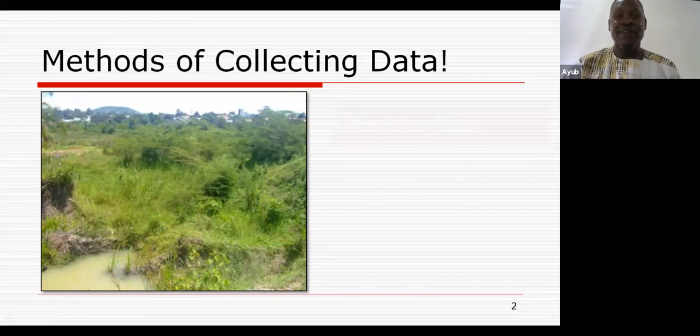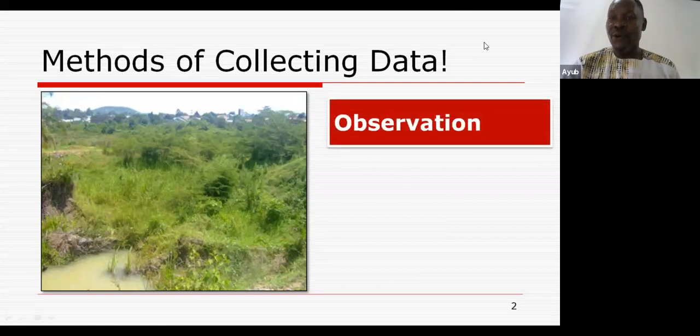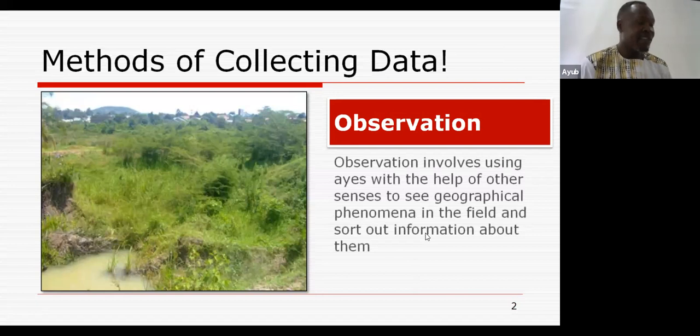So you can use your eyes to see. And that method where you use your eyes and other senses to see geographical features is called observation. So the method that you can use is observation.